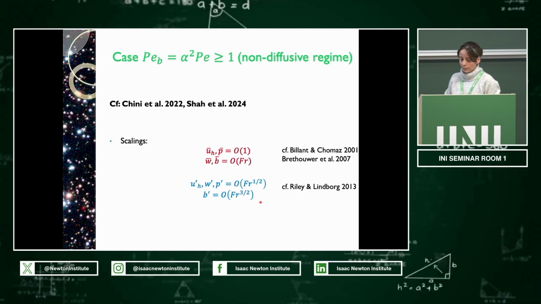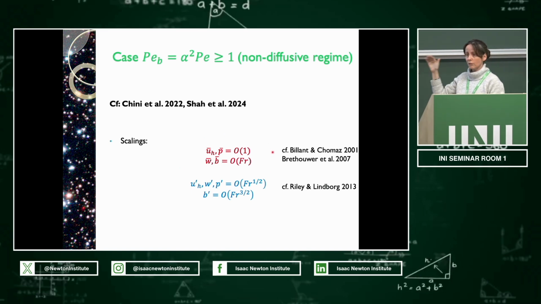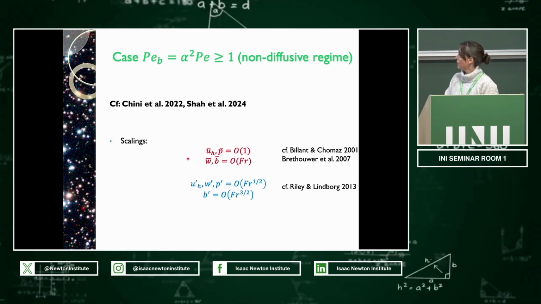And then finally, the main result is these scaling laws, right? So the mean flow, these large horizontal scales, behave exactly as in the single scale model. So we have W bar and B bar of order Froude, just like before.